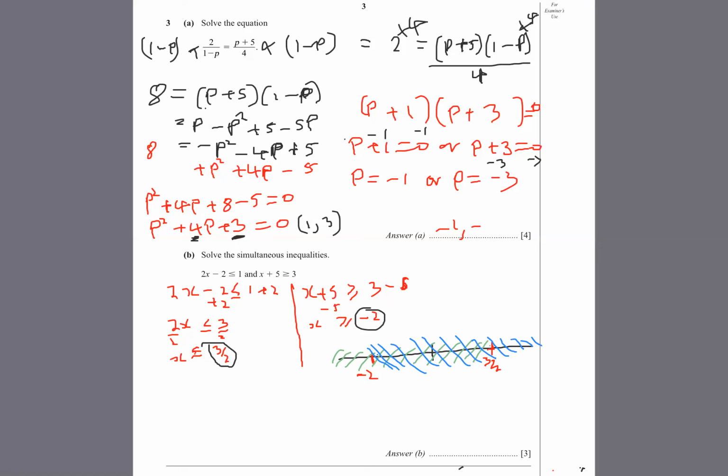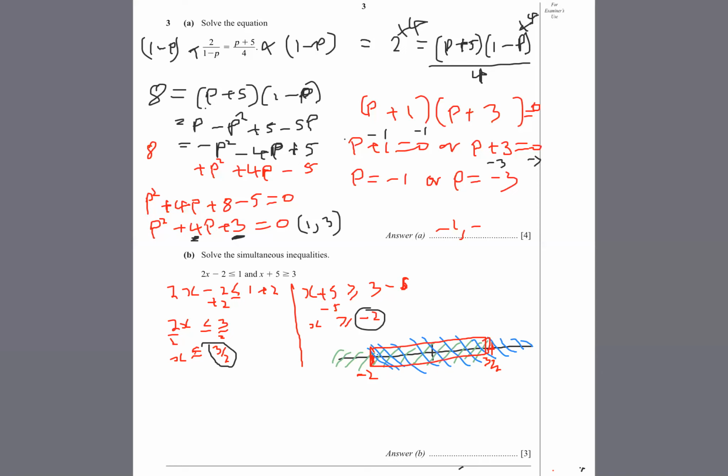Now, since our question says where this and this, it's an 'and', it means two of these conditions have to be satisfied at the same time. So where are these two conditions satisfied? They are satisfied where we have a green shade and a blue shade, and that space is this one.